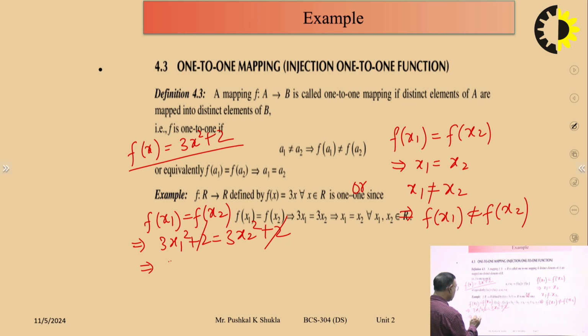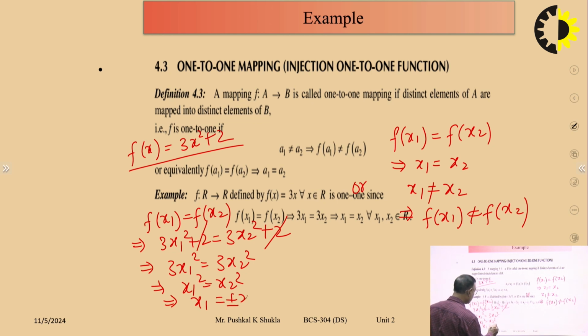This implies 3x1 square equal to 3x2 square. This implies x1 square equal to x2 square. This implies x1 equal to plus minus x2. So, here we see x1 is not equal to x2, but x1 equal to plus minus x2. Therefore, it is not a one-to-one function.